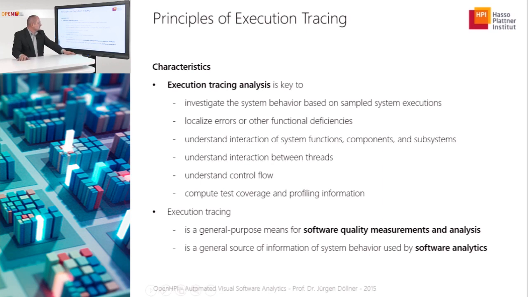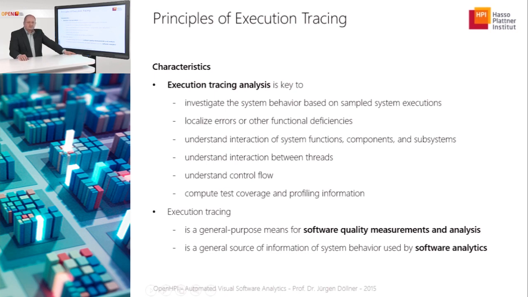We can understand interaction of system functions, components, and subsystems, especially if they are complex ones. We can understand interaction between several threads. So for multi-threading, it's also a key technique to understand what the system is doing when it is executing. We can understand control flows, and, a more traditional use of execution tracing, we can compute test coverage and, of course, profiling information about the performance of a software system.